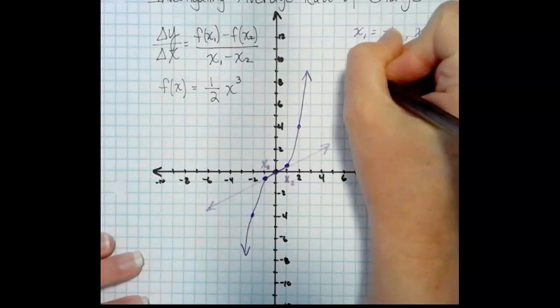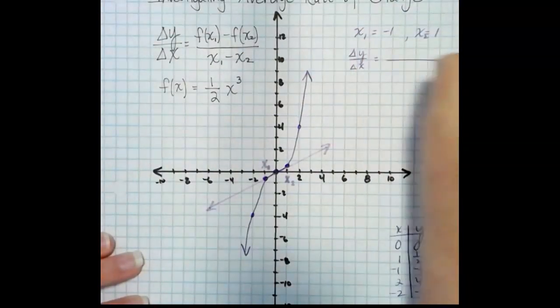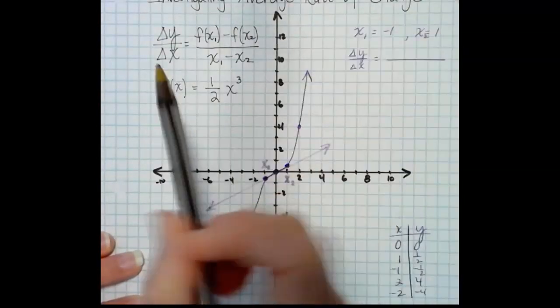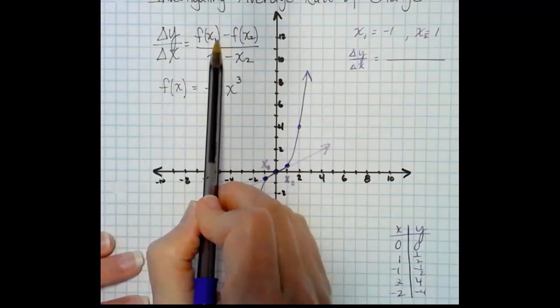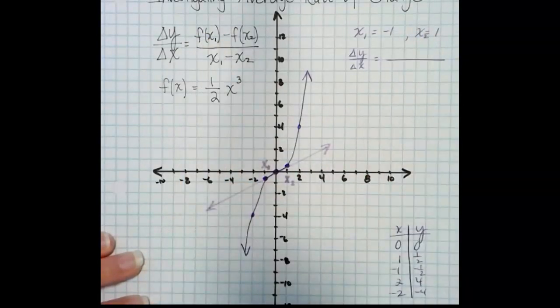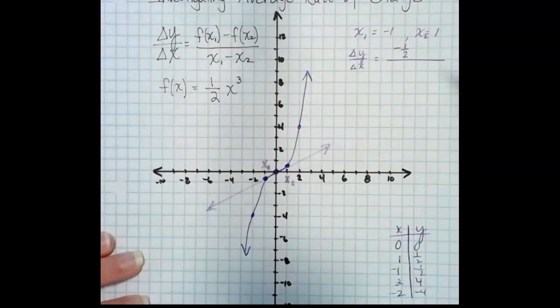So delta y over delta x, and we've already got these values, so all we have to do is plug them in from our table of values here. So f of x sub 1. So if x sub 1 is -1, here's x equals -1, y equals -1/2. So -1/2. And then here we are going to go over to +1.